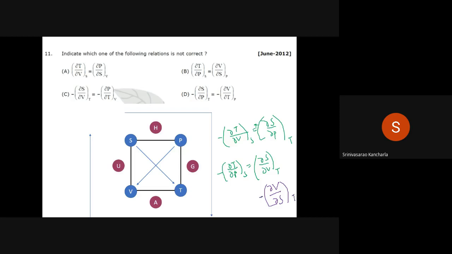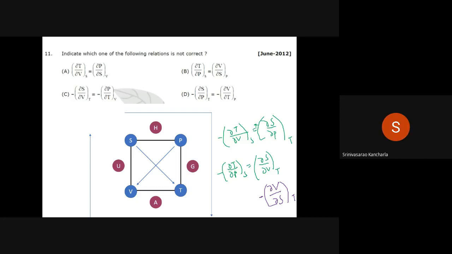Can I write it as this one? Yes, sir. So you got any? So it is same as option B. Is that okay? No, sir. It's option C. Option C is correct. Yes, sir.